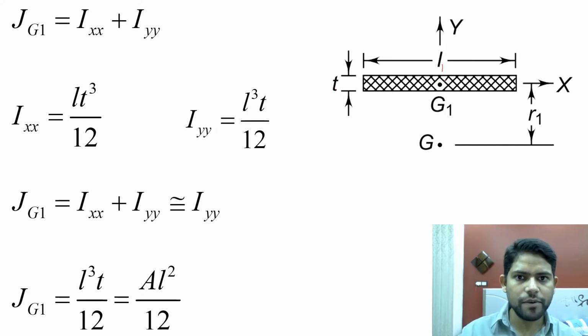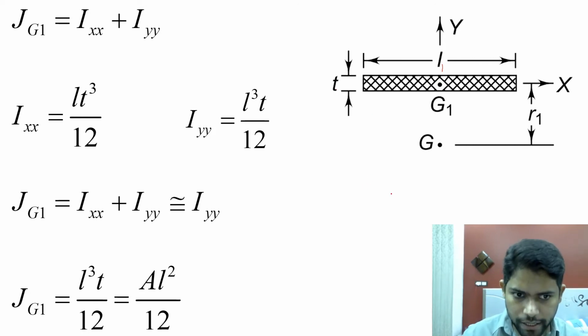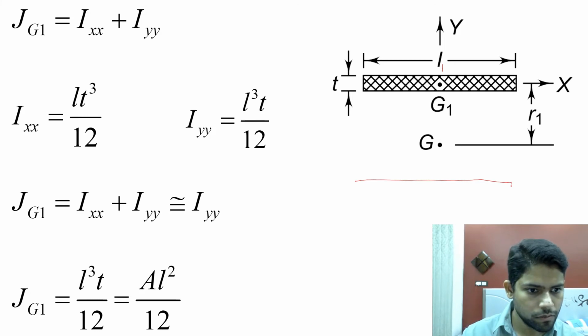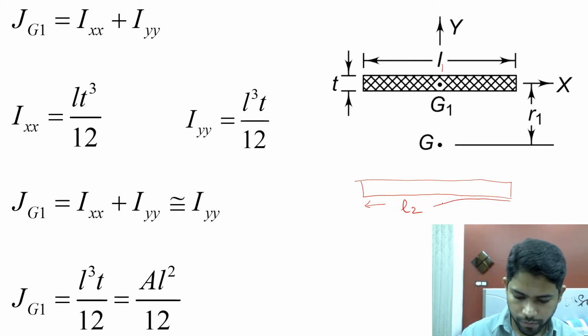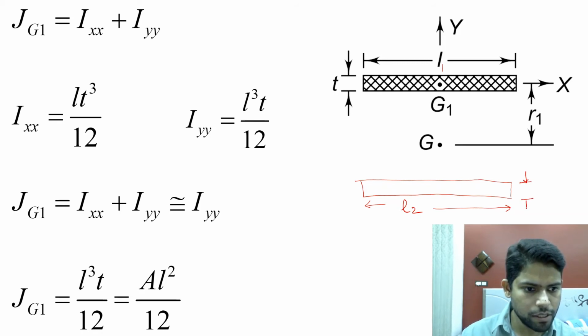G1 is the center of gravity of the first weld, and you have another weld over here, which has a length L2, and obviously the thickness will be the same.